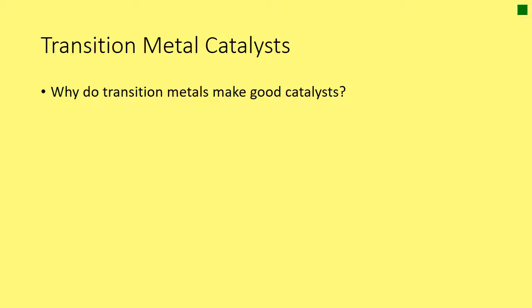But while we're at it, let's just remind ourselves what a catalyst is. It speeds up reactions, not being used up, and when it speeds up reactions, it does it by providing an alternative reaction pathway.